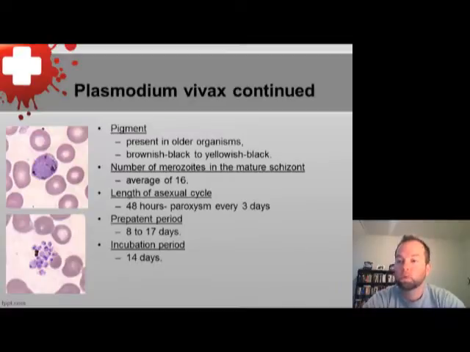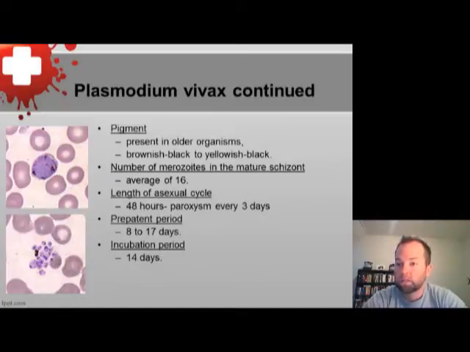Pigment can be present in older organisms that appear blackish brown to yellowish black, and that we can see in the upper image here in an older developed trophozoite with pigment present. And the average number of merozoites is around 16. This is a mature schizont.